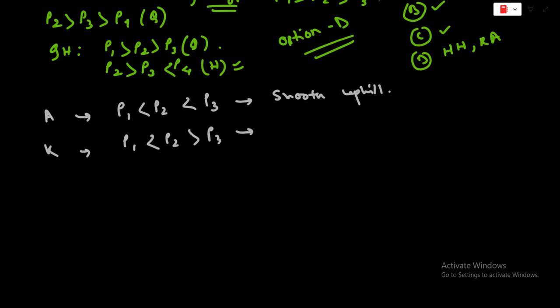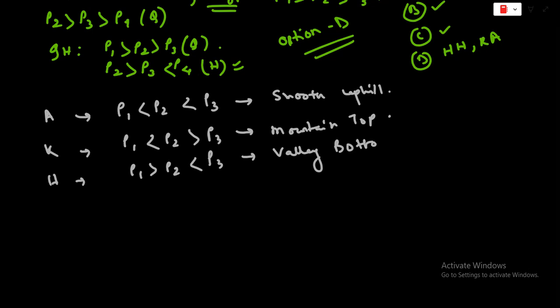So it's like a mountain top. If I talk about H, then rho 1 greater than rho 2 less than rho 3. So it's valley bottom. And the last one is Q. Here rho 1 greater than rho 2 greater than rho 3. So this is like smooth downhill.